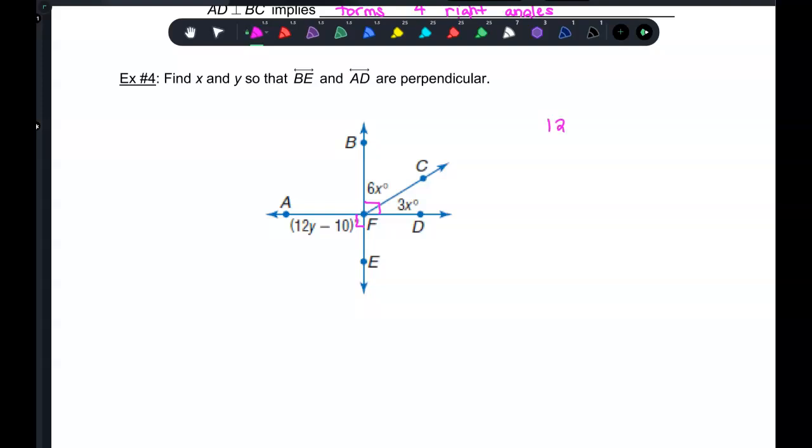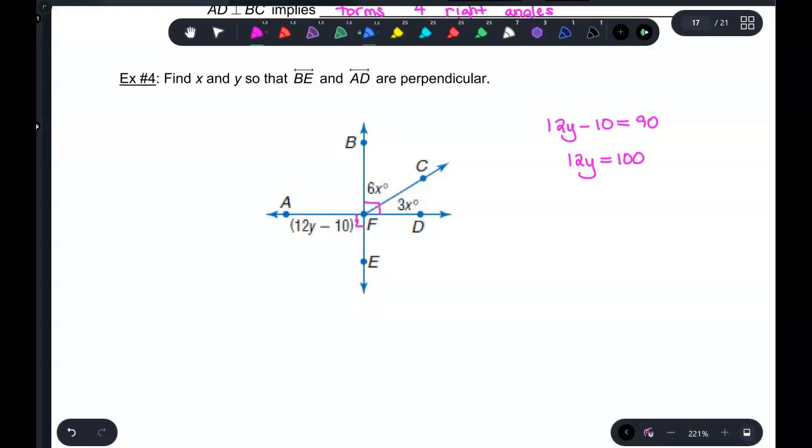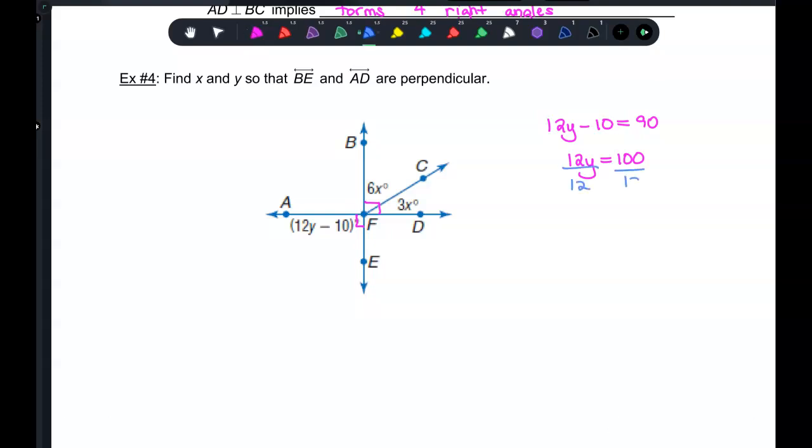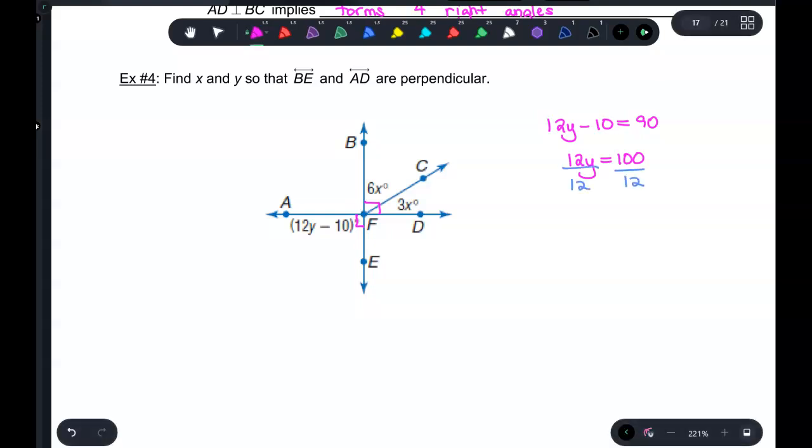So to solve for y, that whole angle, this whole thing has to be equal to 90. Right? We want this whole thing. So we're going to add. Ooh, this one does not come out nicely, does it? Okay, it's fine. We're going to leave it.